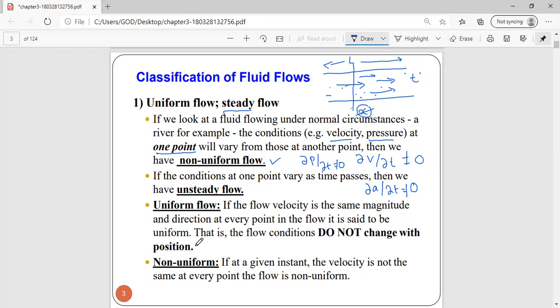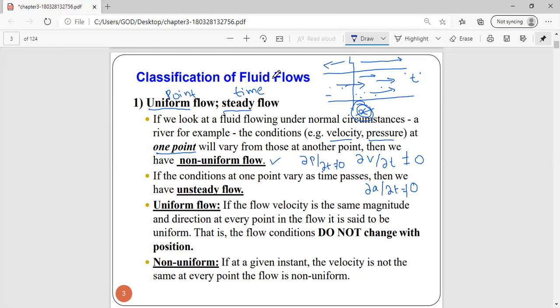Now I hope you understood what is uniform flow and non-uniform flow, steady flow and unsteady flow. Okay, simple. What is the outcome from here? Uniform flow is with reference to space, with reference to one point. At the same time, steady flow is with reference to time.